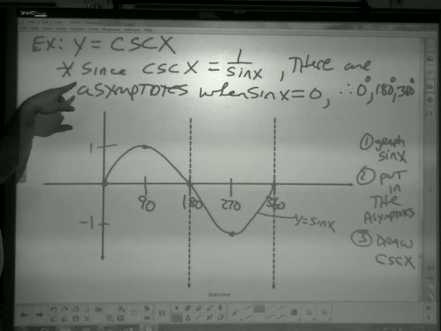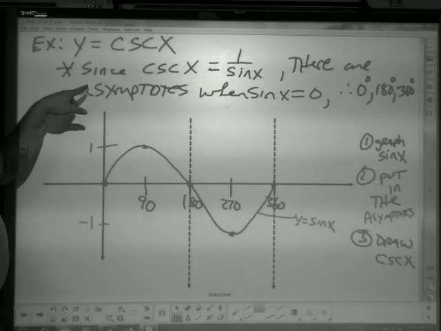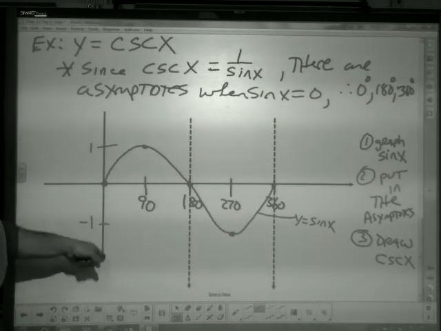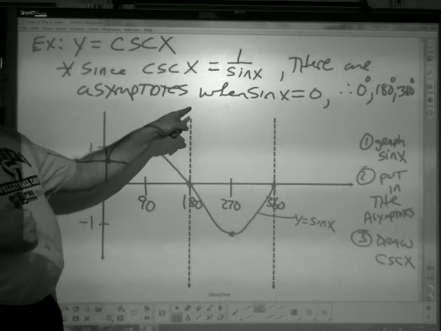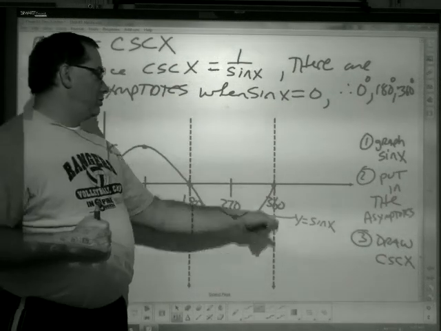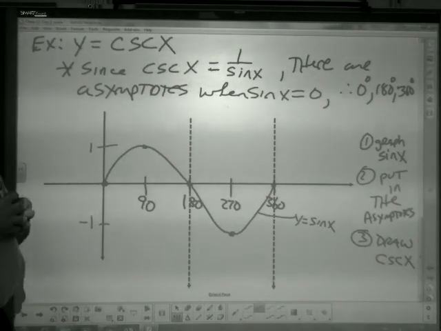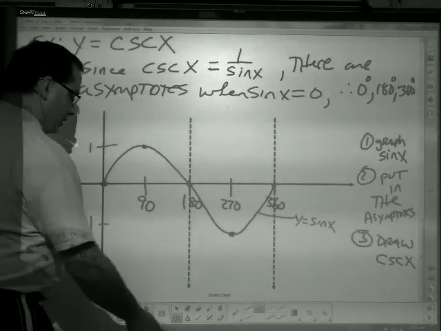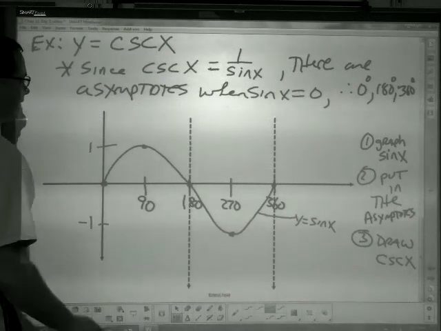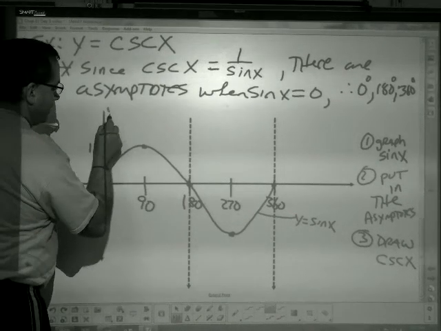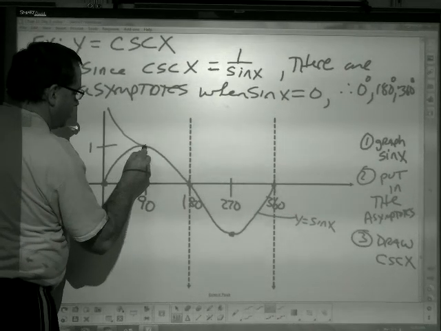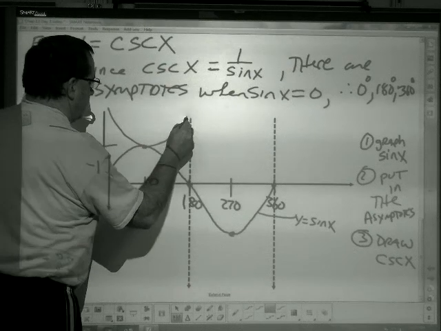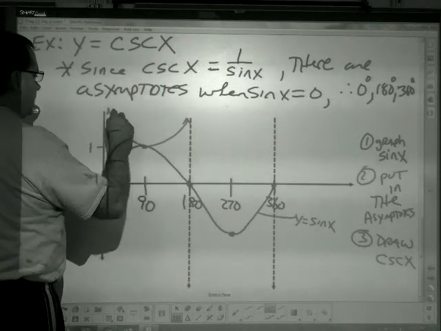And since there are asymptotes when sine is equal to 0, we have asymptotes at the 0 degree line, at the 180, and at the 360. In other words, you can't touch it. What's really neat, because of the reciprocal, is the cosecant graph then comes in, touches, because 1 divided by 1 is 1, and then back up again. And it looks like that.